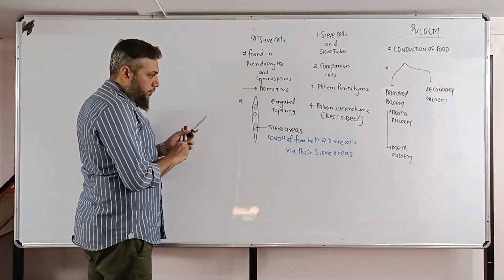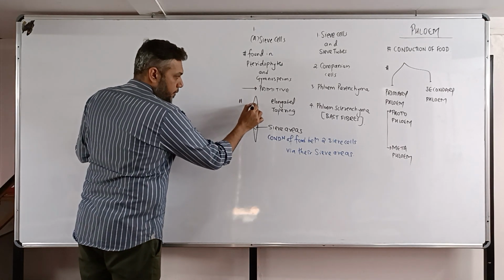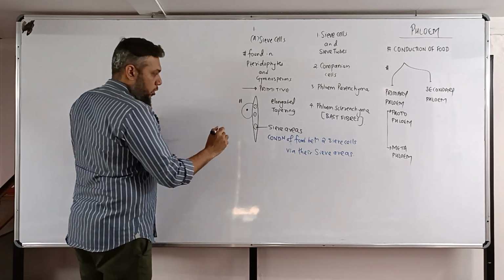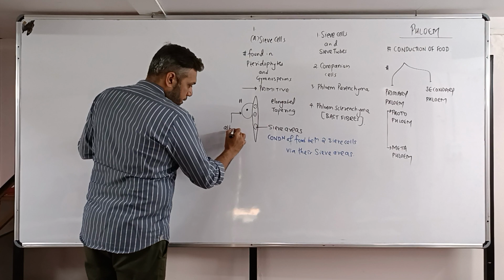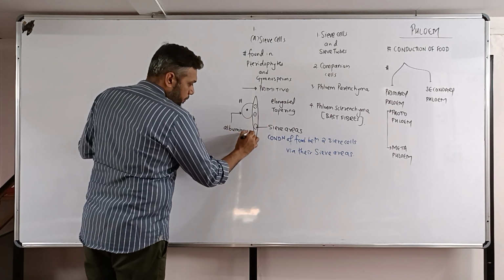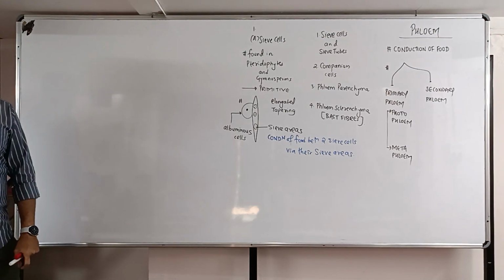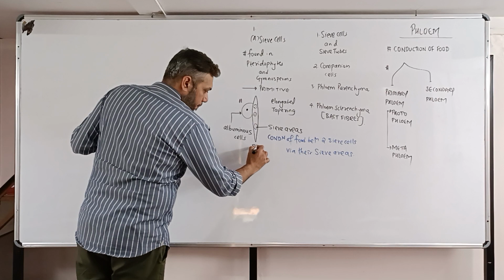Now, the functioning of the sieve cells is controlled by cells called albuminous cells. Okay, so this is one sieve cell.